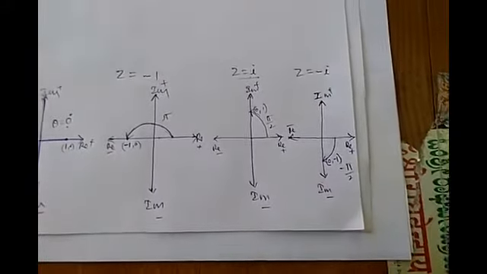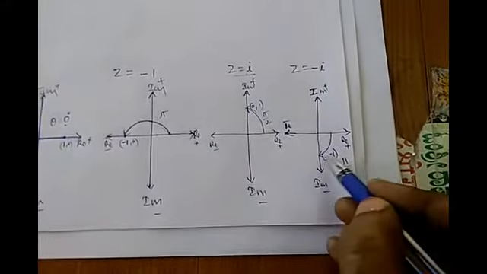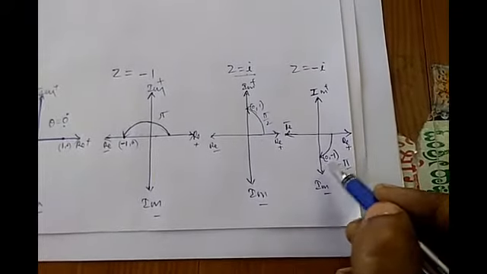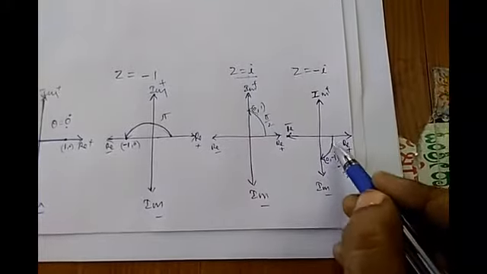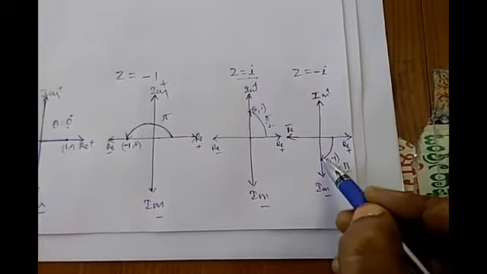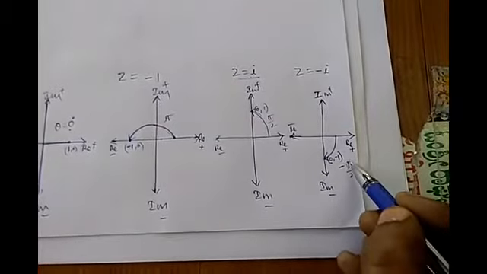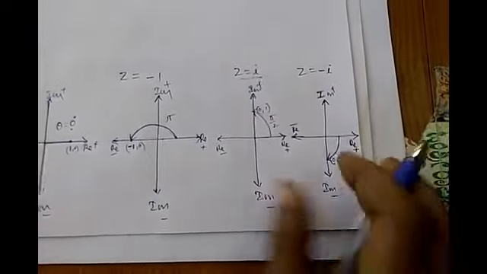It can be measured in the clockwise direction. It is the principal argument, which we already discussed in previous videos. What is the principal argument? We can calculate the angle in the clockwise direction. So minus pi by 2.